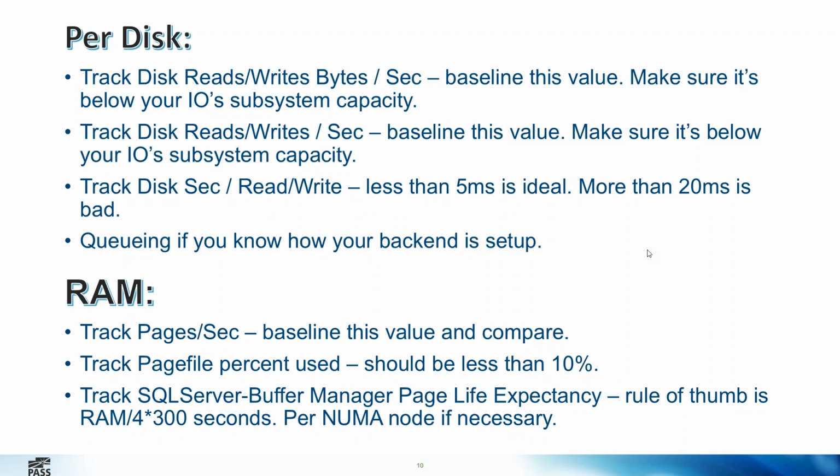Another counter that is popular per disk, but that I didn't put here, is the average disk queue length. The reason is that analyzing by queue length is good if you know how your backend is set up, because the recommendation is usually about 2 times the number of spindles should be your average disk queue length, and over that it might be an issue. But then you have to really know how many spindles are in my backend, right?